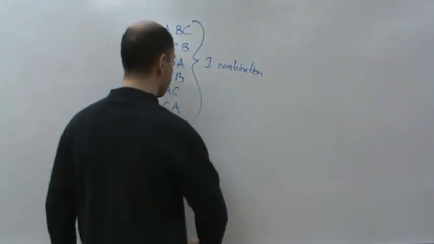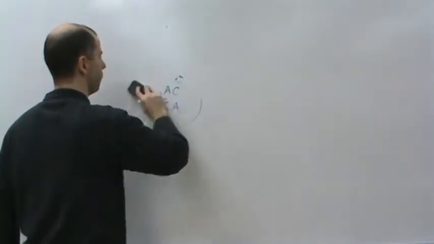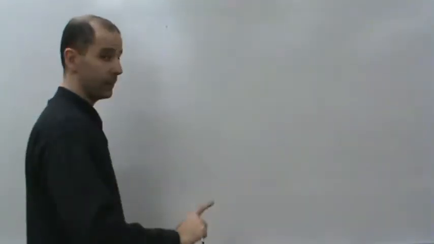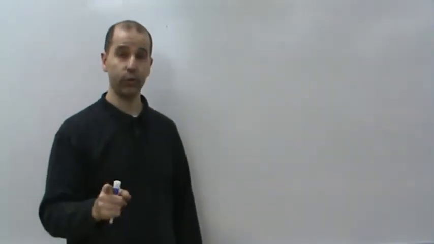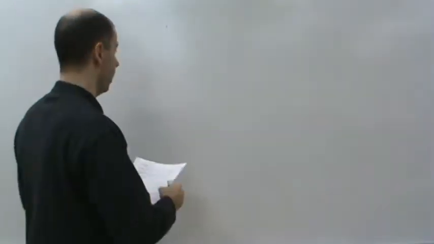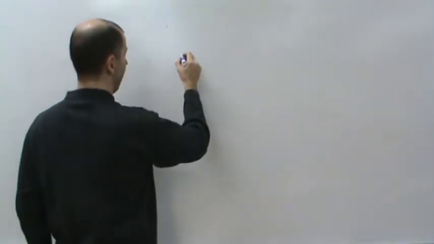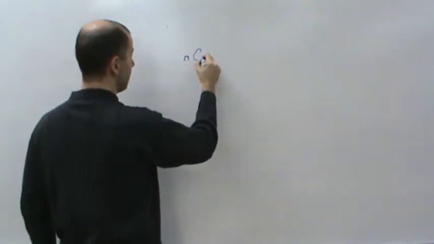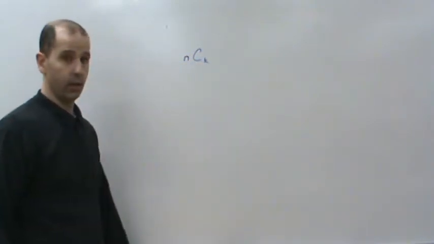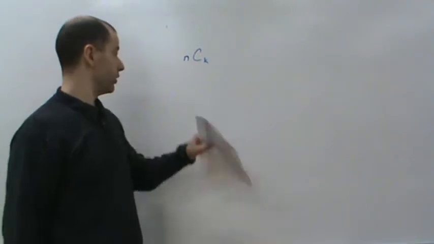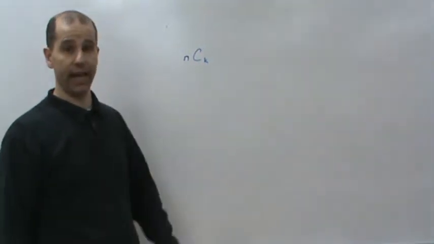The difference in the formula is slight, but it's important because your numbers will be different when you're dealing with probability. A combination is written as nCk, and we say it as n choose k.